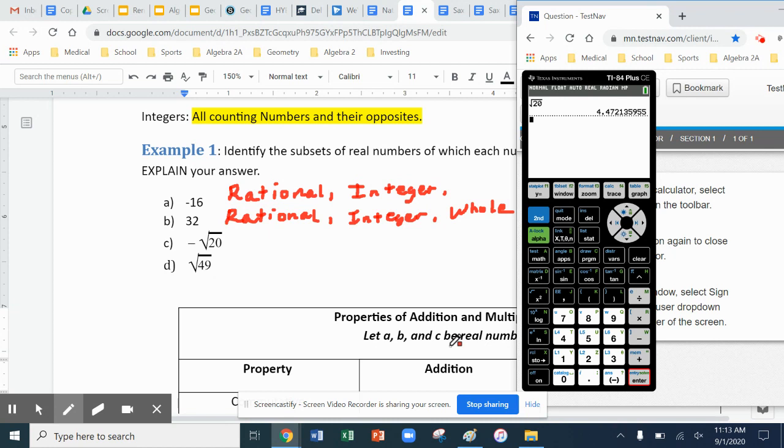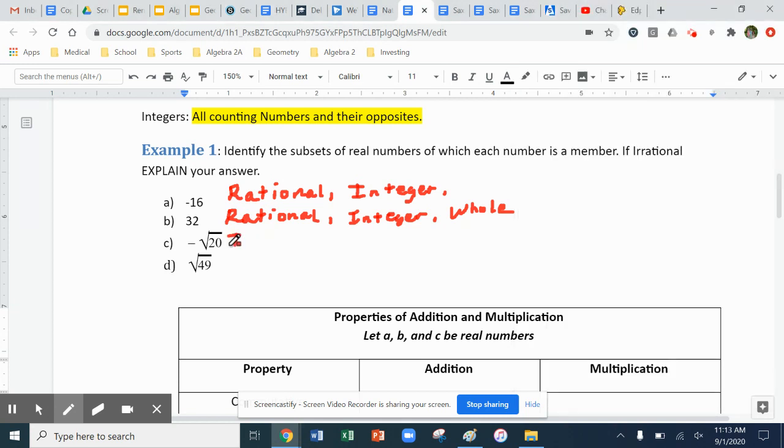So any number that you take a square root that is not a perfect square, that does make it irrational. So irrational numbers are those numbers that do not repeat, do not terminate. So this one would be irrational, and then I do need to explain my answer. My answer is this one is a non-perfect square. So any non-perfect squares will always be irrational.